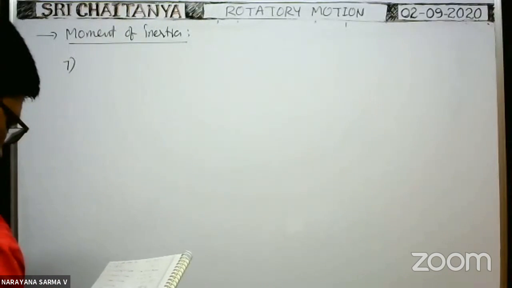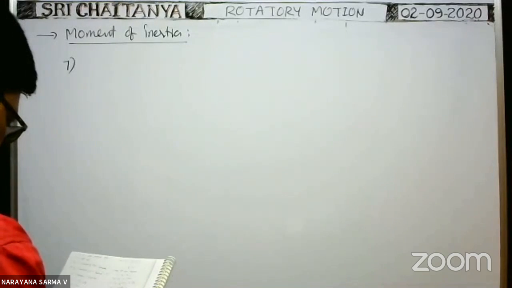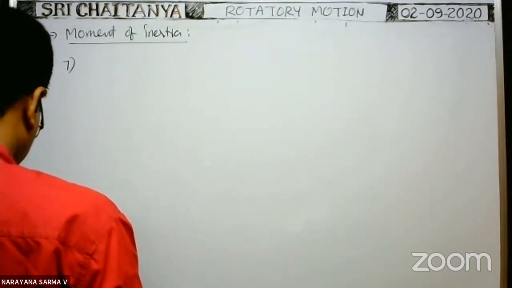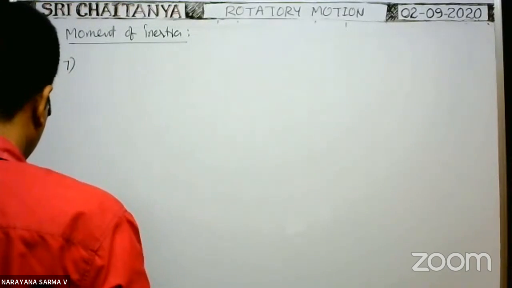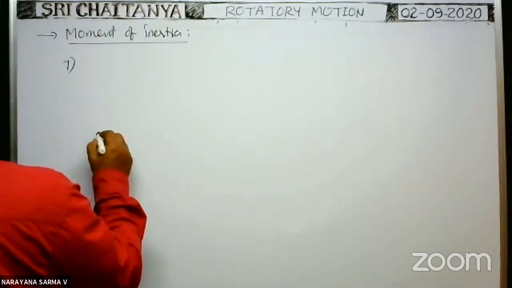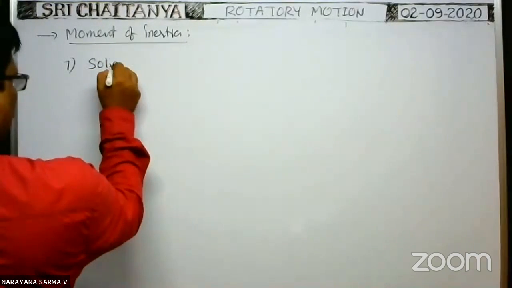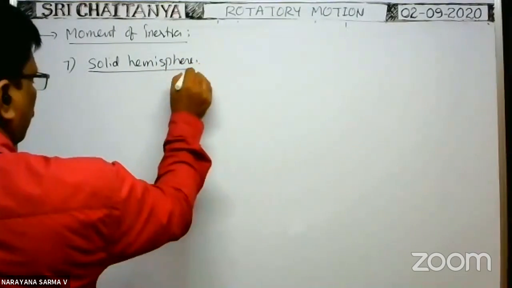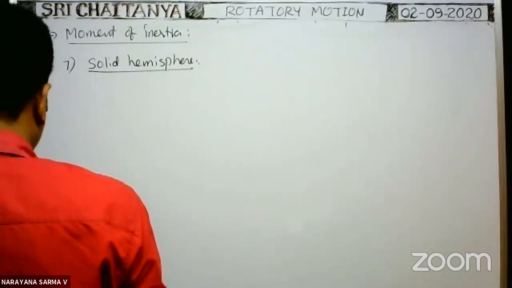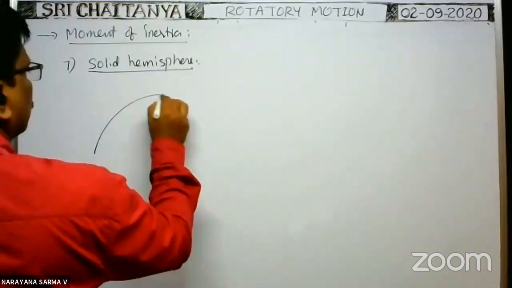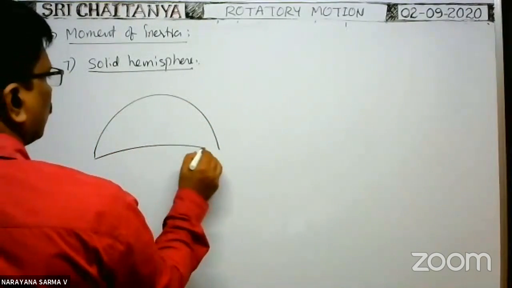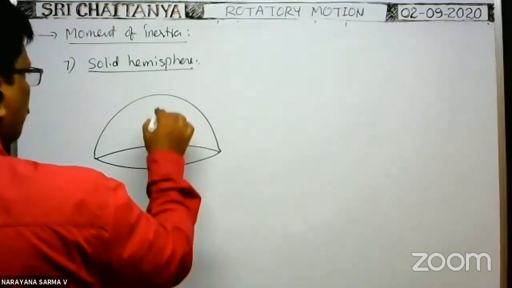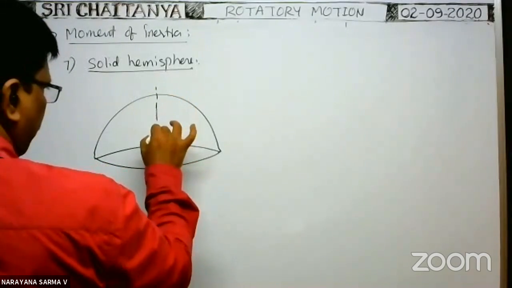Here there is a solid hemisphere. It is the symmetrical axis.